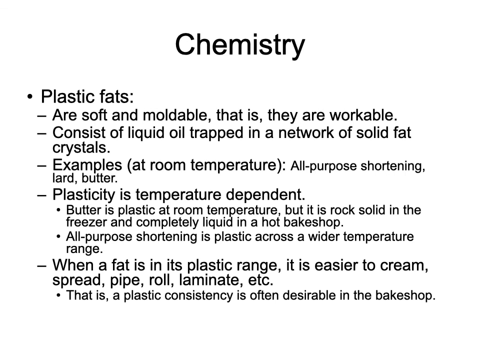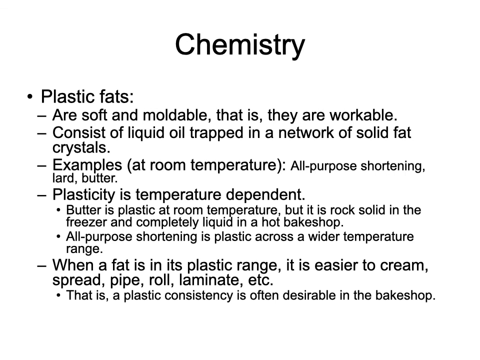What is going on there is you have a little bit of liquid oil trapped in a network of solid fat crystals. Now, all-purpose shortening, lard, and butter all have different levels of plasticity and moldability. Shortening, for example, you can throw in the freezer and it'll still remain pretty plastic. It remains rather malleable, even at cold temperatures.